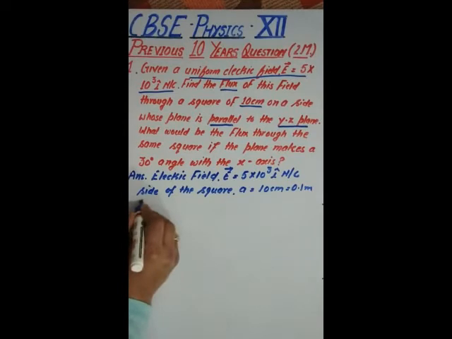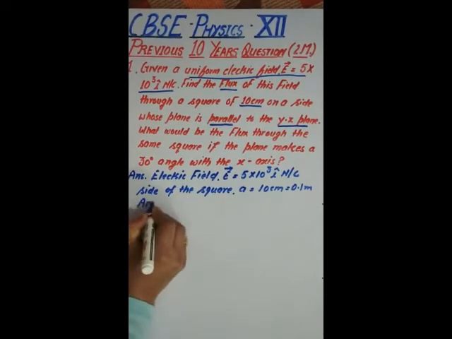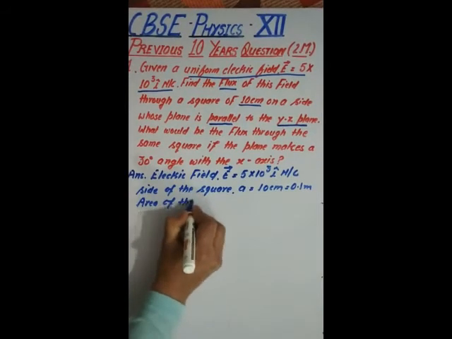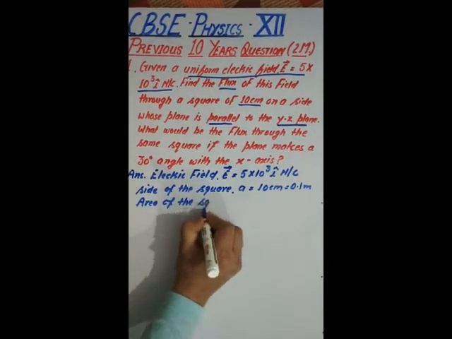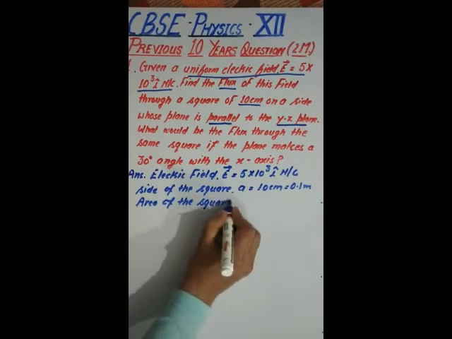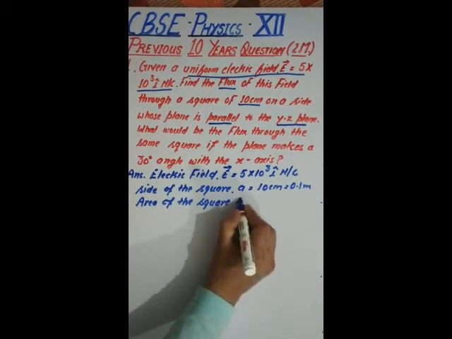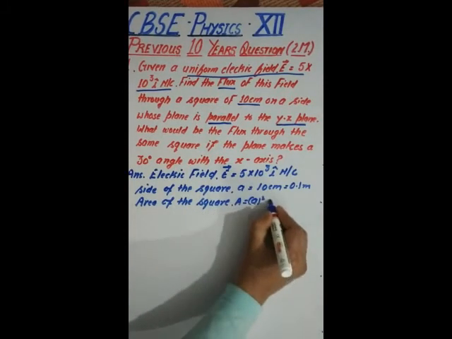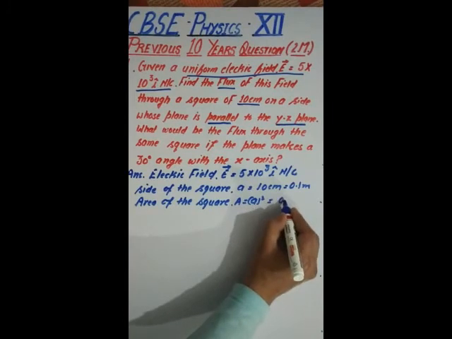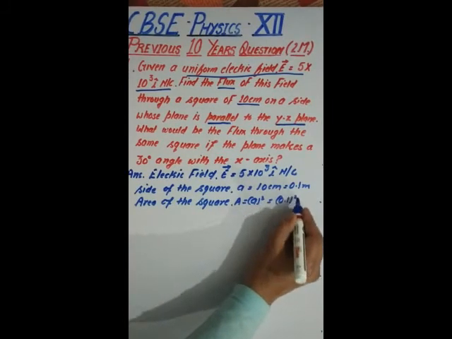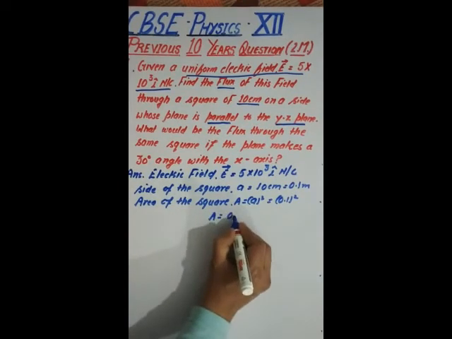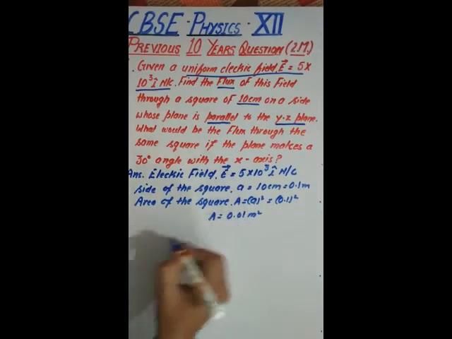Area of the square, capital A, equals side square, or 0.1 whole square. So area will become 0.01 meter square.